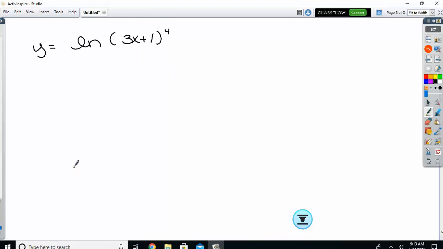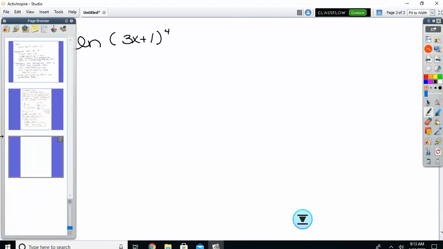How did you do the derivative of a log? Remember the rule? Look it up if you need to. Section 3.6.